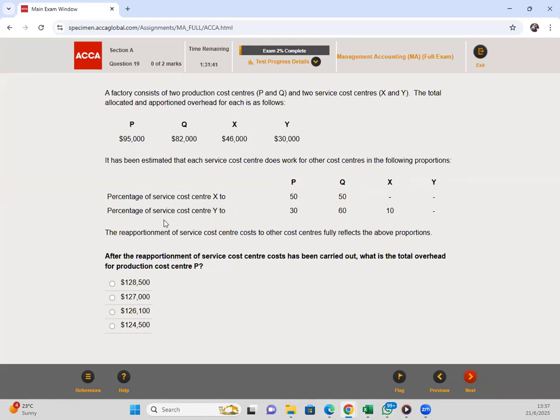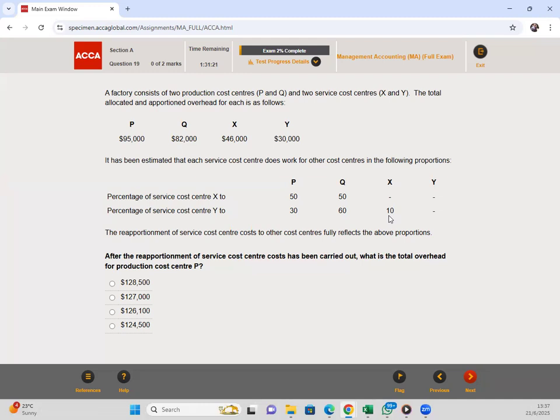Then the percentage of service cost center Y to X: we have service cost center Y providing a service to service center X.